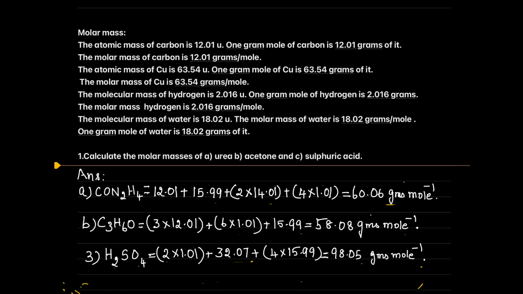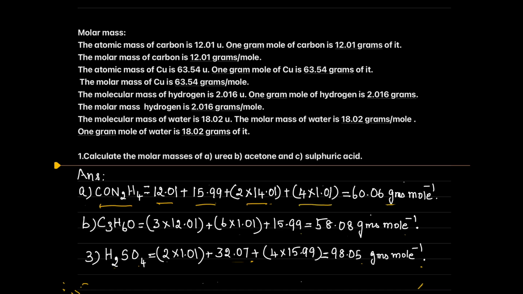Taking urea, the constituents are 1 carbon atom, 1 oxygen atom, 2 nitrogen atoms, and 4 hydrogen atoms per molecule. Their atomic masses are 12.01 U, 15.99 U, 14.01 U, and 1.01 U respectively.